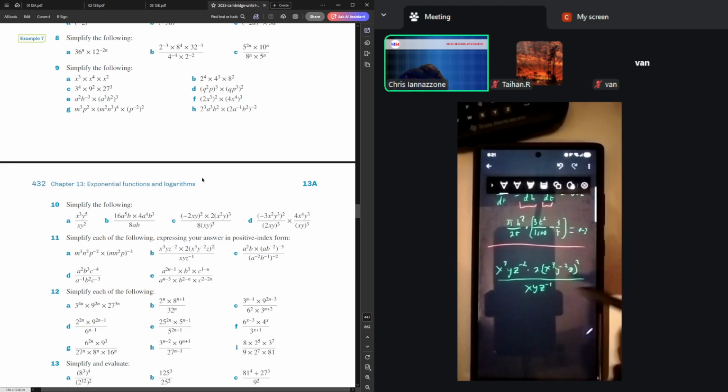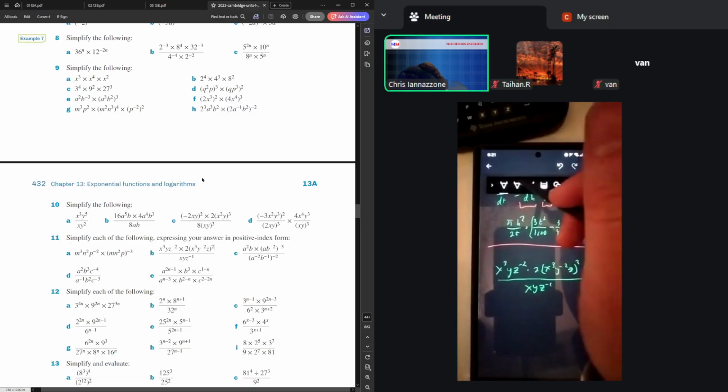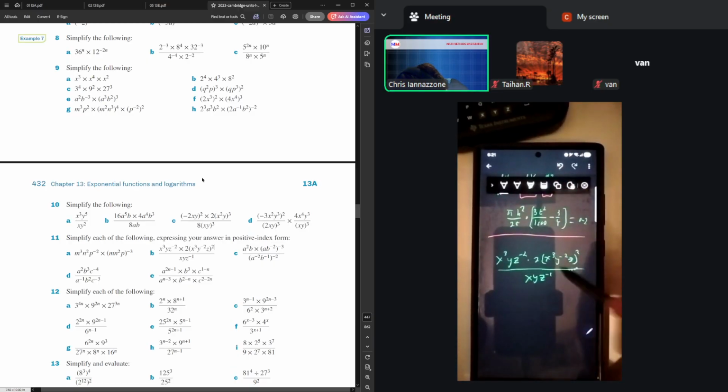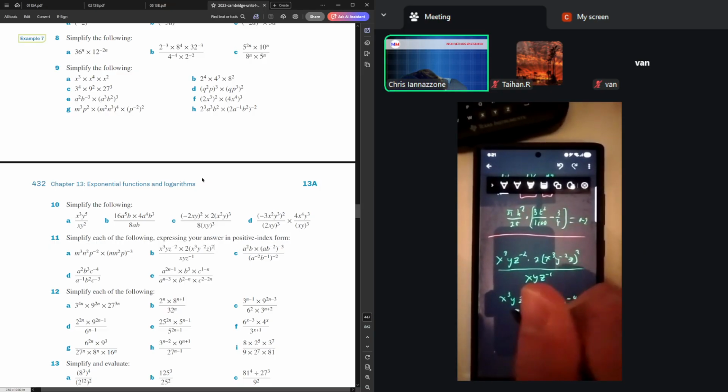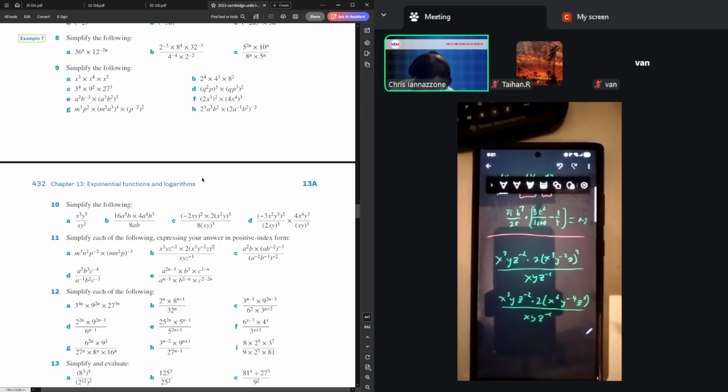As I said before, all the other stuff is going to maintain the same, but we're just going to distribute those powers through. x cubed y z minus 2, to the bracket, now it's multiplicative, so x^6 y^-4 z^2, times xyz^-1.